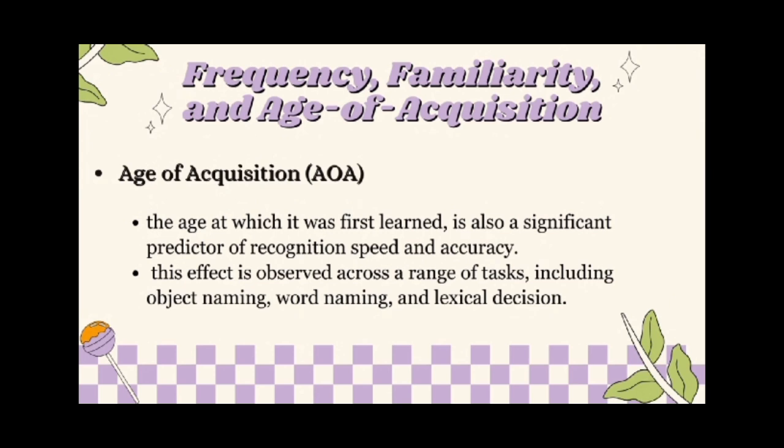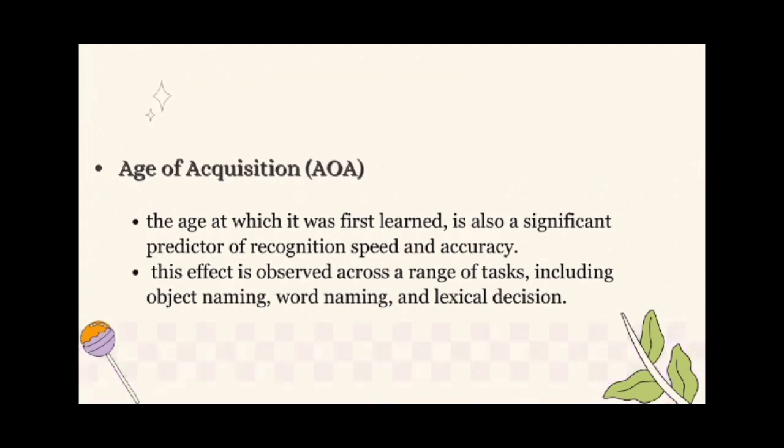For example, children often learn simple words like dog and cat early on, so these words are processed more quickly. In contrast, more complex terms like trigonometry or philanthropy, which are learned later in life, may take more time to recognize due to less frequent use and later acquisition.